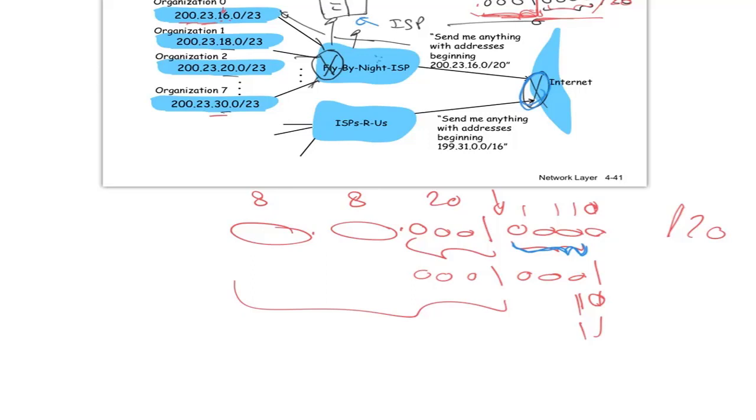Okay? This is your question? I was going to say, what if when you move organization 2 to the other ISP? Yes. Let's say organization 2 takes 50 addresses. So what you'll have in this case is a range of 50 addresses in between that are not being used. So do you need to shift everything up?